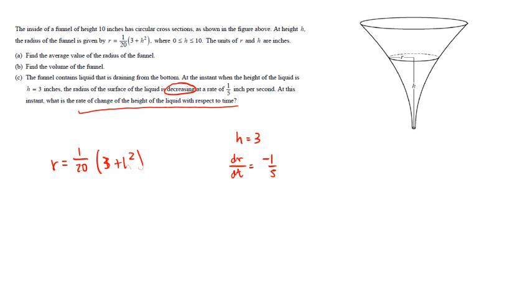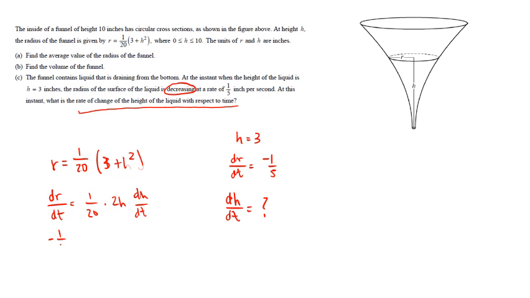Okay, and what are we looking for? We're looking for the rate of change of the height of the liquid. All right, so if I take the derivative with respect to time, this is a related rates problem. So dr dt is equal to 1 over 20. The derivative of 3 plus h squared is going to be 2h times dh dt. Okay, plug in what we know.